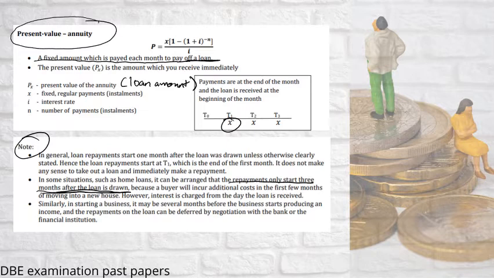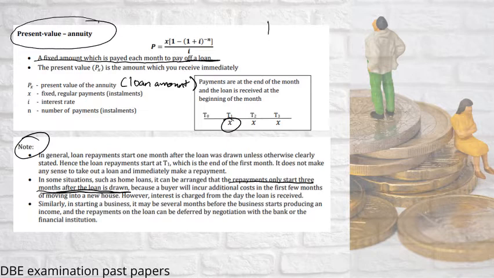They said it can be arranged that payments start 3 months after the loan is drawn. What happens if they tell you the person starts paying after 3 months? They delayed. We call it delayed loan repayments. If the person was expected to pay monthly, if the interest was monthly, the payment was supposed to be made monthly, and you start after 3 months, what happens?